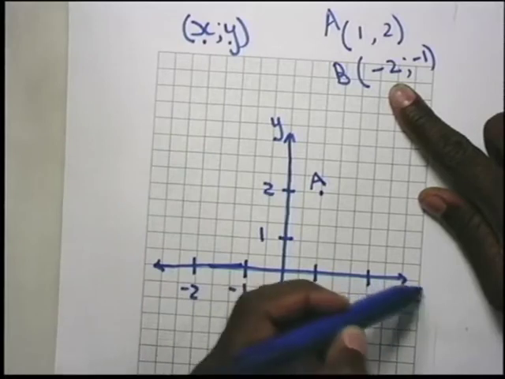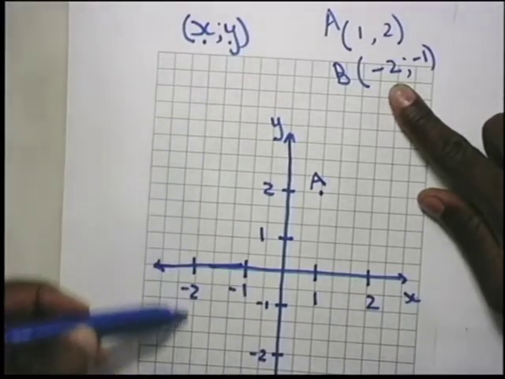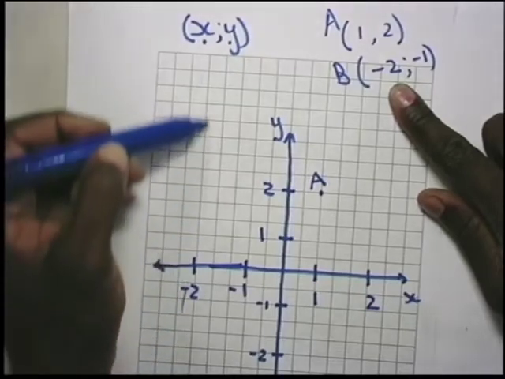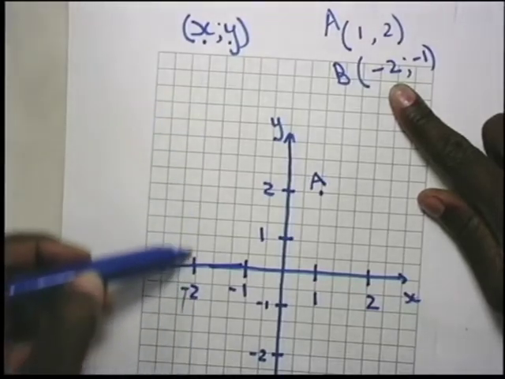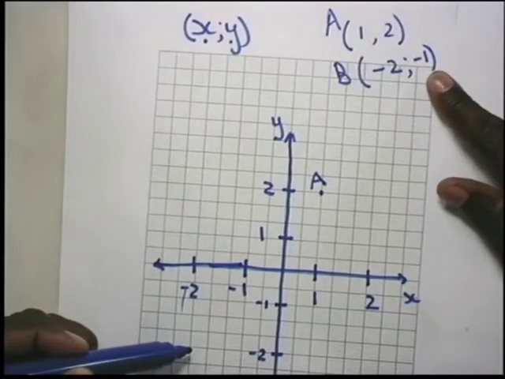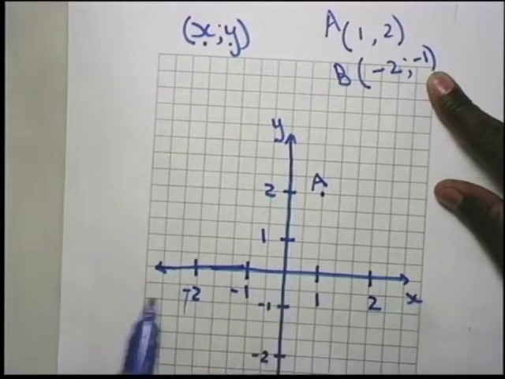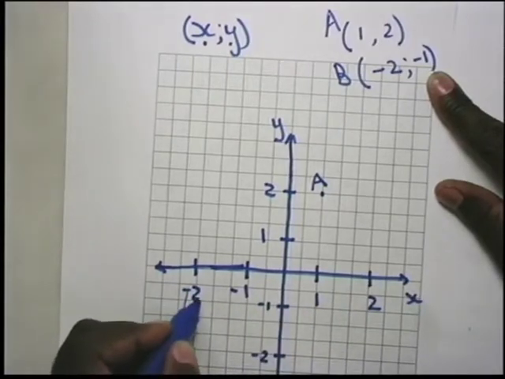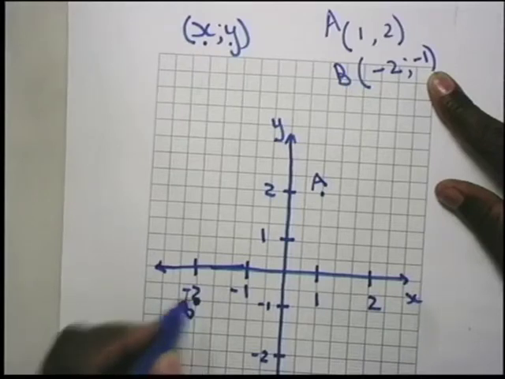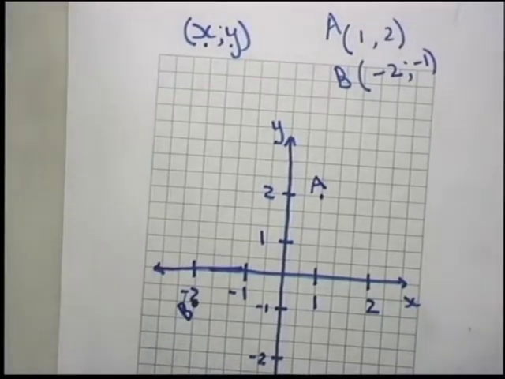The x-axis is there, -2 is there, so it's along that line there. In terms of x, that's where point B is, and in terms of y, it should be at -1. So the exact location of point B is a point down there. That's where point B is, and you usually put a dot and indicate it as such.